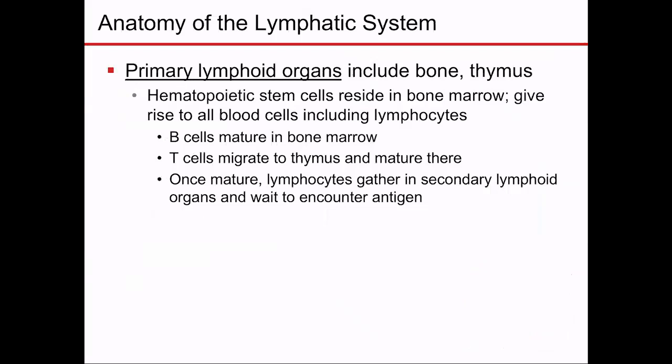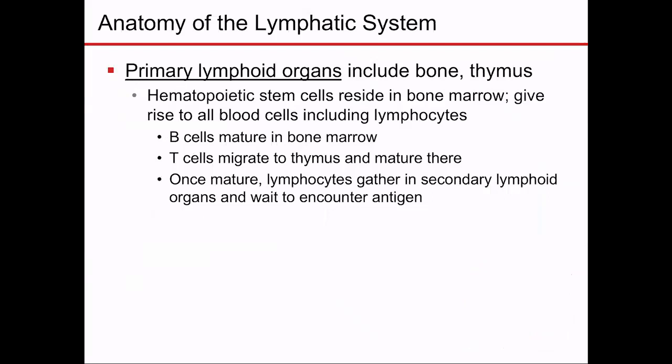So this is just basically summarizing what I just mentioned about the primary lymphoid organs and how B cells mature in bone marrow, and T cells have to migrate to the thymus in order to mature there.